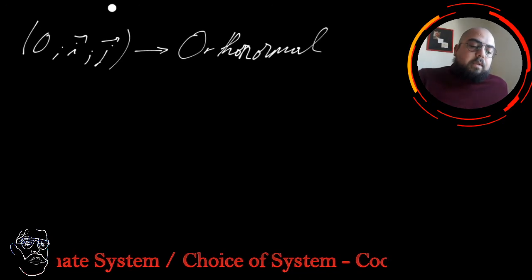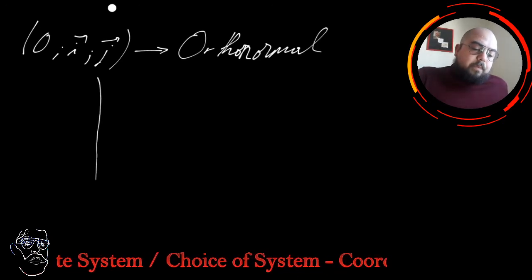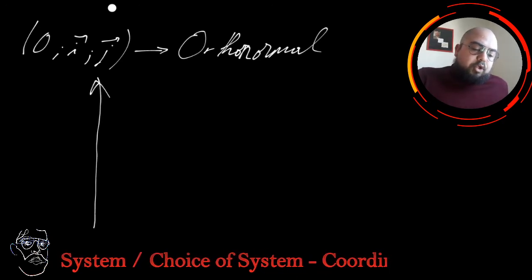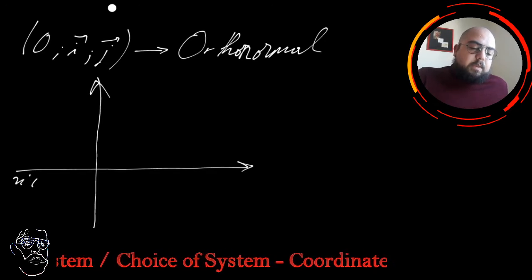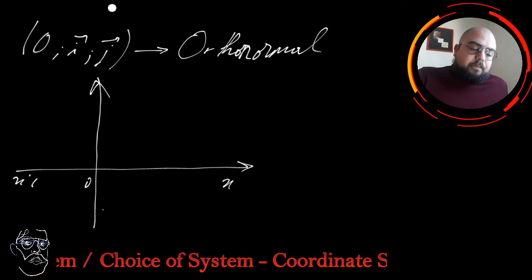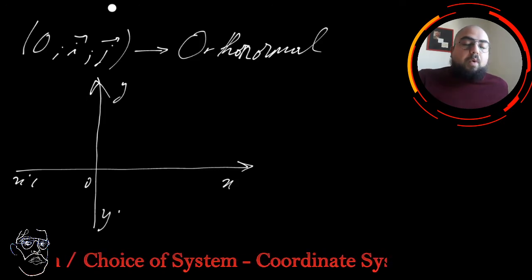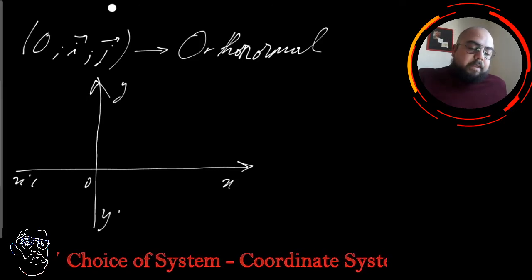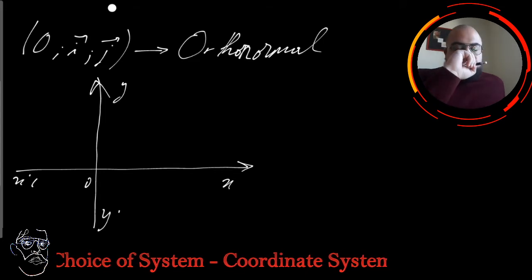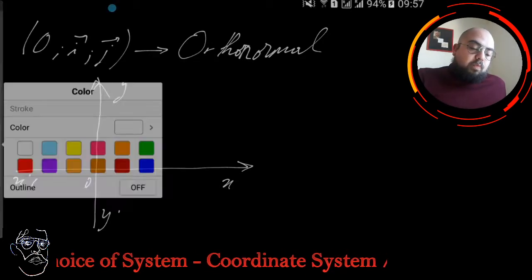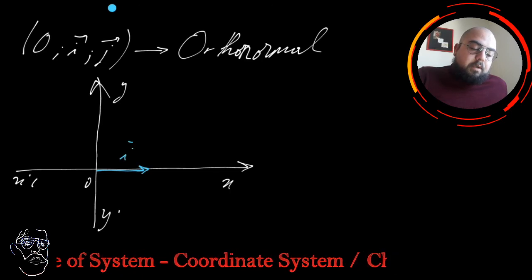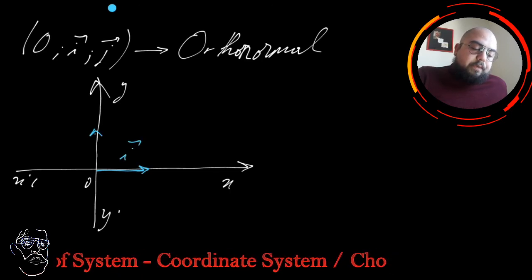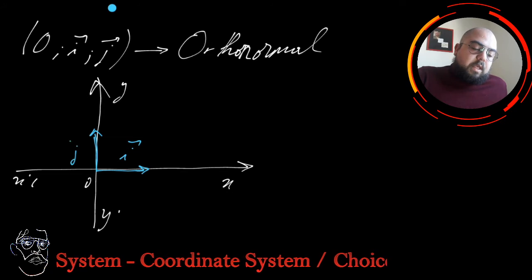When the system is orthonormal, you need to make sure to have your axes x prime or x, y prime or y orthogonal, and the vectors I and j, both of them should have the same norm.